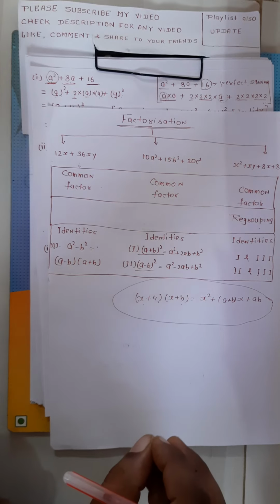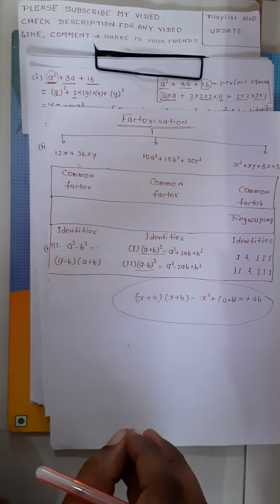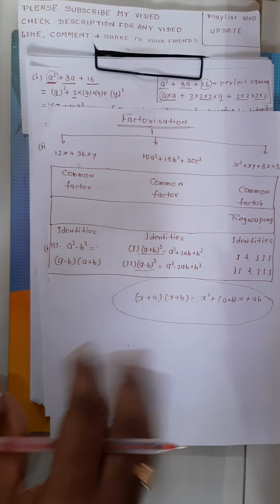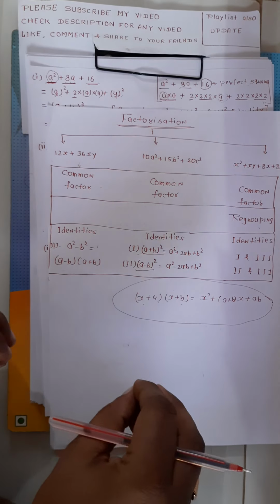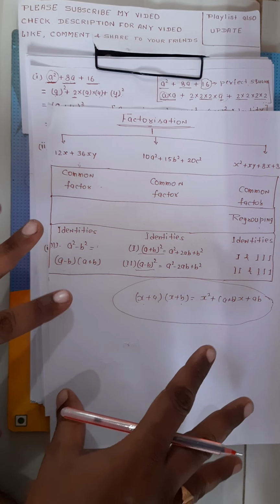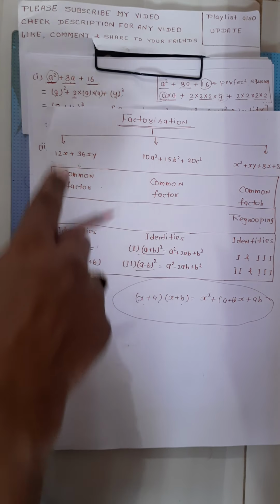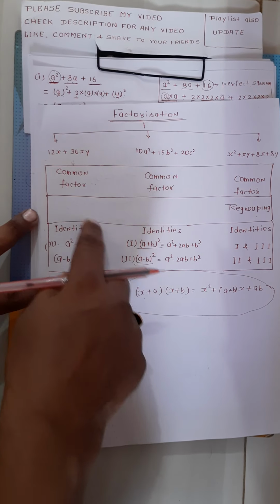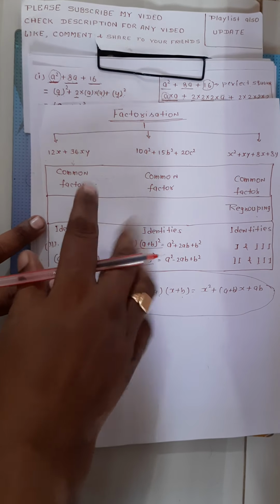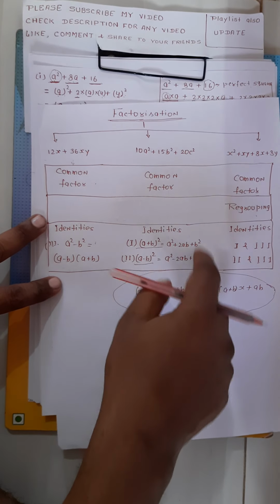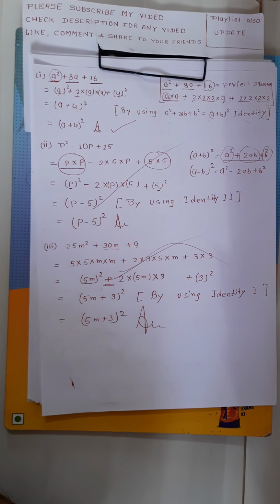When a question for identity four comes, then I will tell all the things about it. So now we will not talk about identity number four. We can only apply identity number one and two. Now we will see the structure.